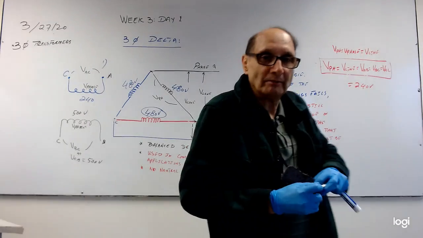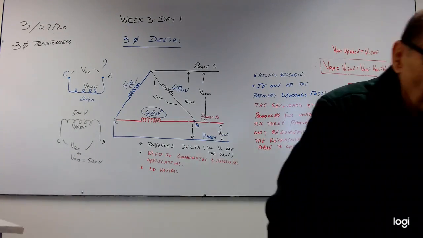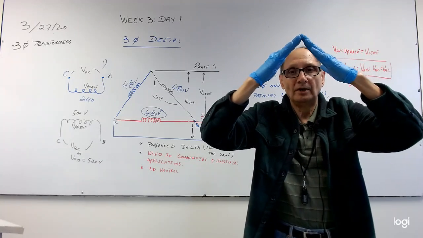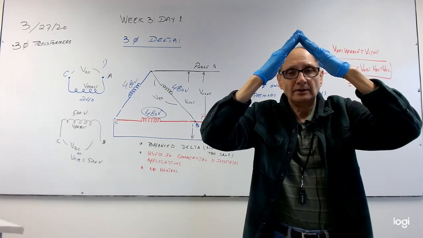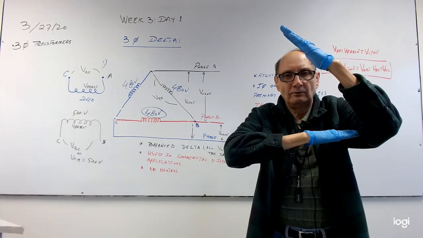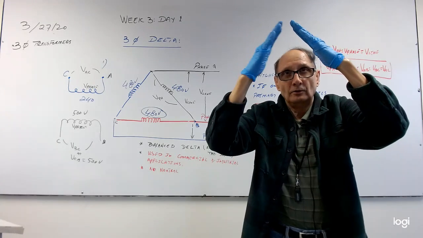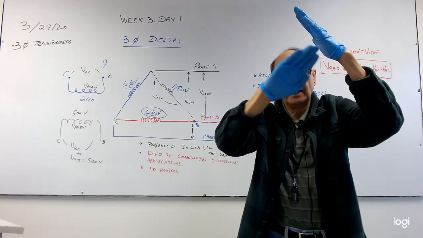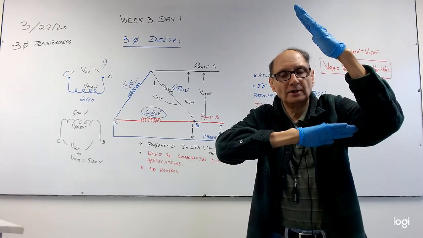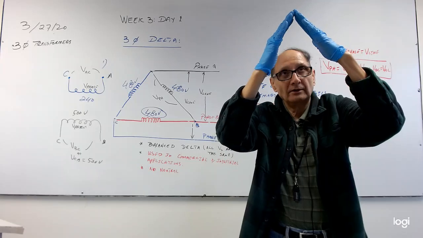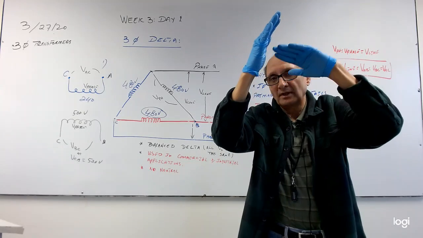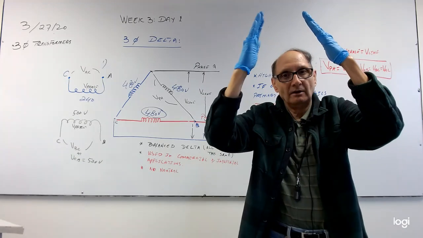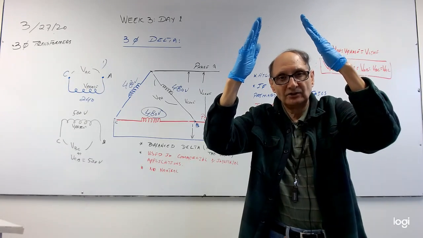So in summary, just remember, in a delta, you get 3 windings. You have windings like this. So you got this and you got this. If the voltage across any of these legs is given to you, you can easily determine the voltage across that one and across this one, because they're all the same in a balanced system.